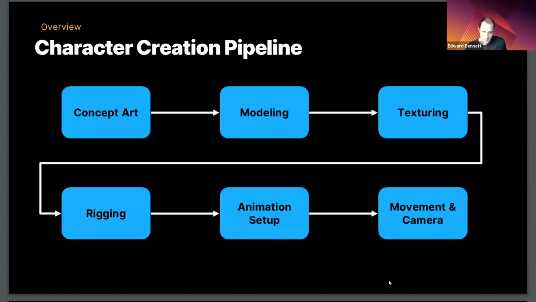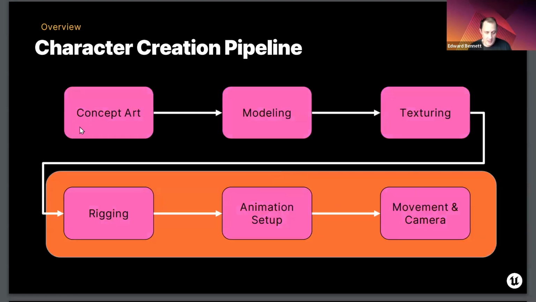Now, when we look at the character creation pipeline, this is a kind of standard setup. You'd usually work from concept art to modeling, then texturing, coming on into rigging and setting up the animations, and then playing around with the movement and the camera so that you can get an appropriate feel for the character.